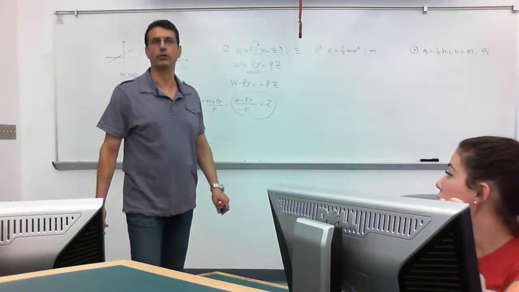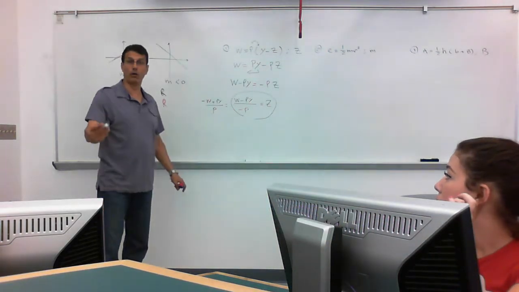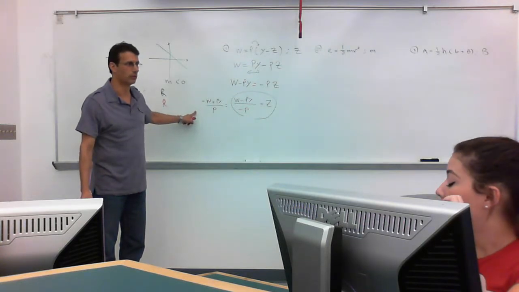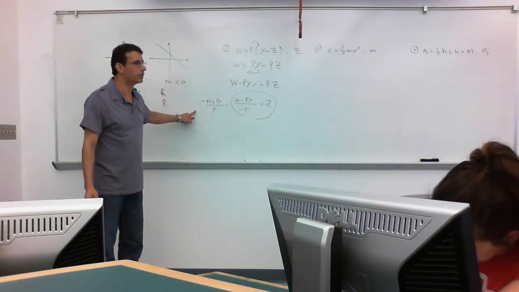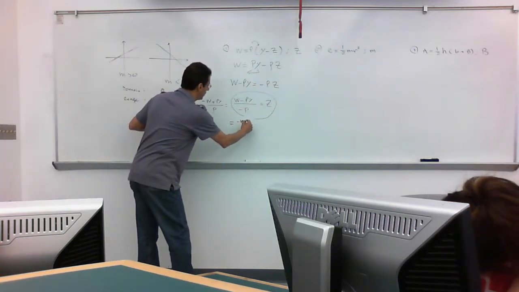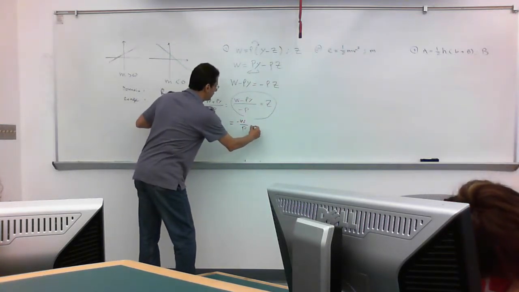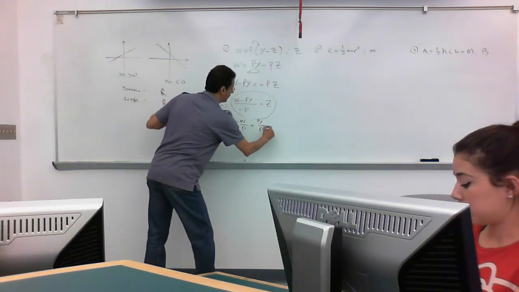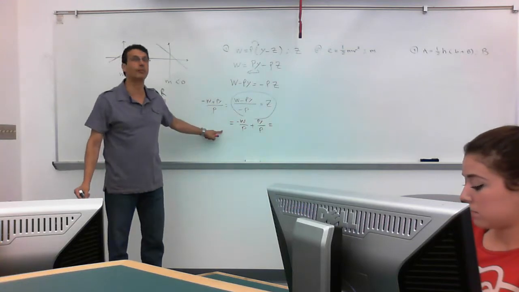I want to go over that. And before I go over that, let me continue with this, just to make a point. Can you see this is also equal to minus W over P plus Py over P, right, class? Can I separate them like that?